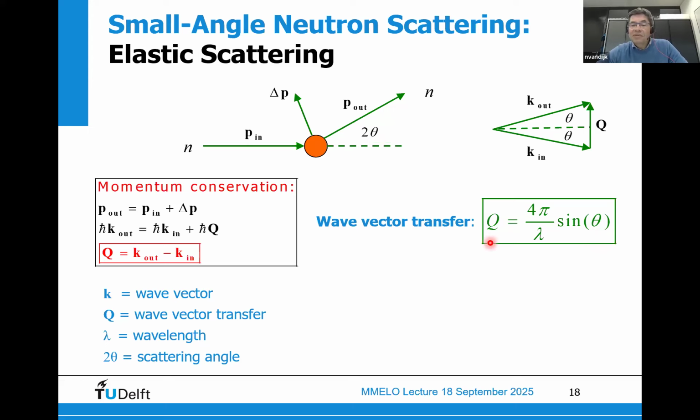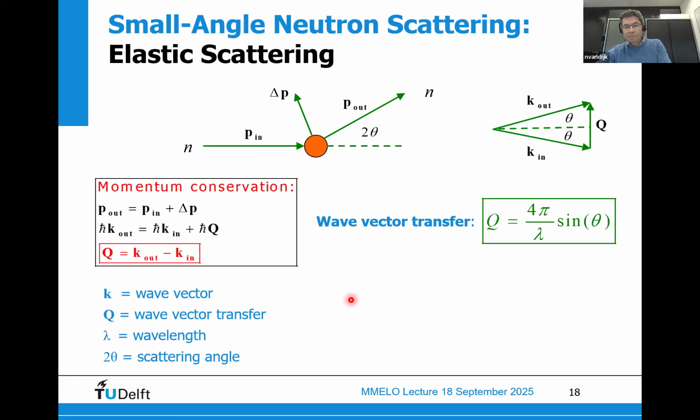The reason that we introduce Q is that it is more generic, because then the results do not depend on what wavelength you actually use. In a scattering process, you have a scattering angle and you use a specific wavelength, but if you define Q, it is independent of the wavelength you have used.